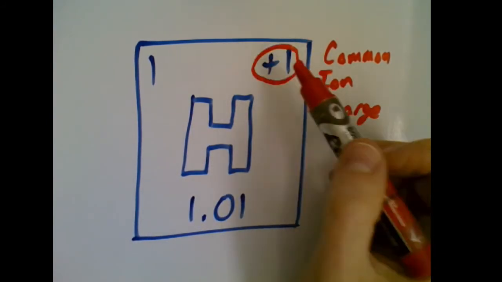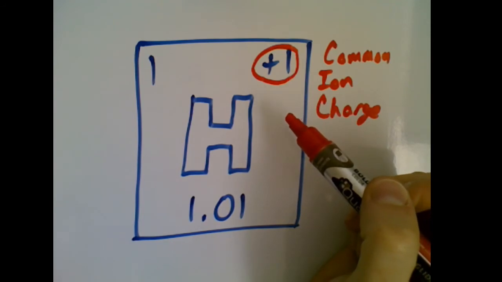Hydrogen usually will lose one electron. I should mention here that those are common and not necessarily always. There are some cases where something may form an ion that's not written on your periodic table, and that's okay, that happens, and deal with it.